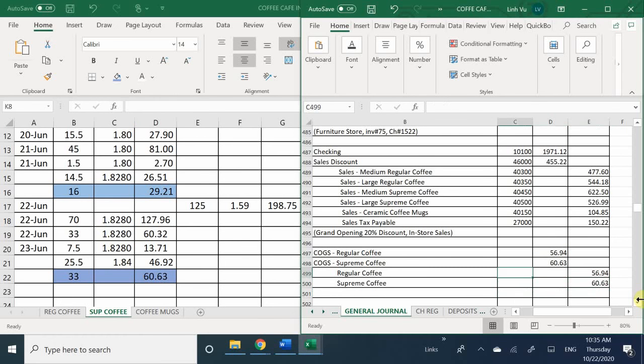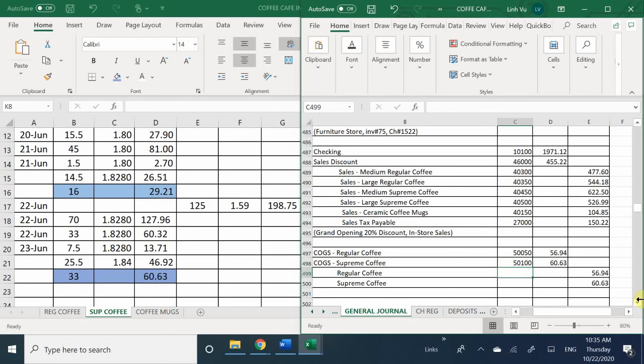$60.63. All right. So let's go ahead, what is my account number for the cost of goods sold regular coffee? 550. Good. 50.100.